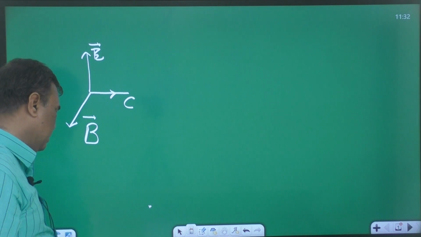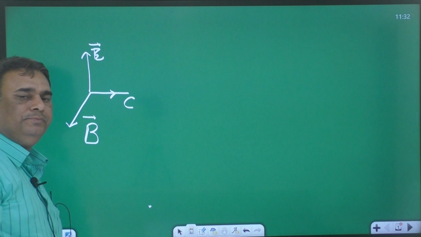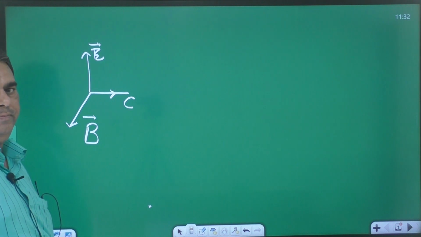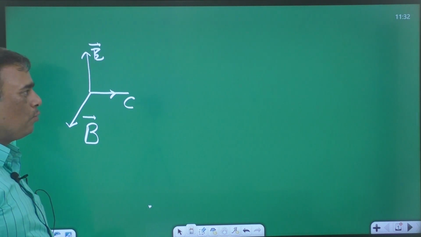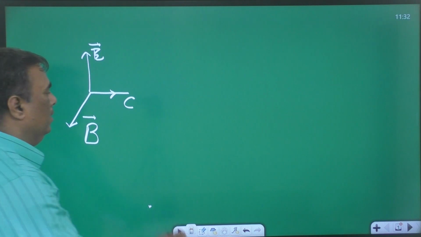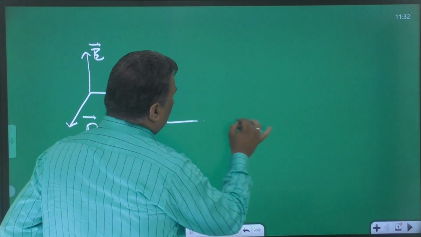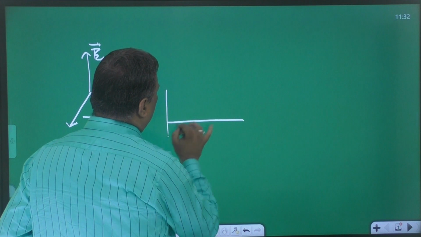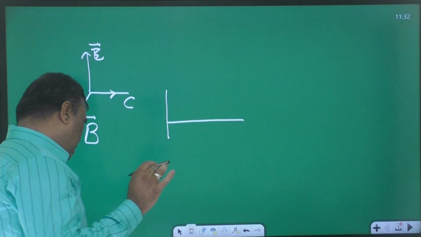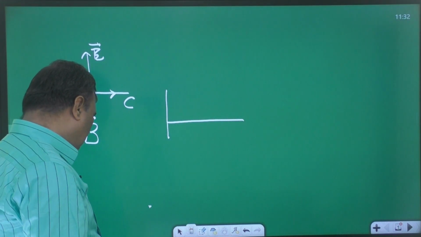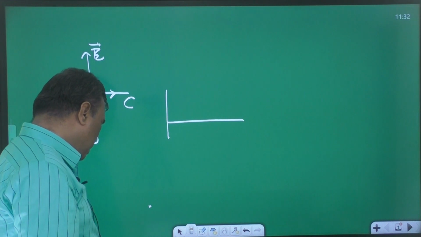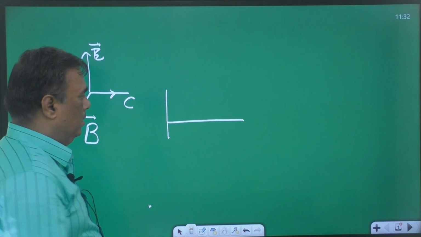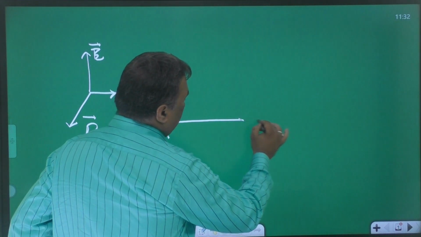Is it clear? Next point, in the spectrum, the electromagnetic wave lies between, which is called light, ultraviolet, infrared to ultraviolet region, like this.